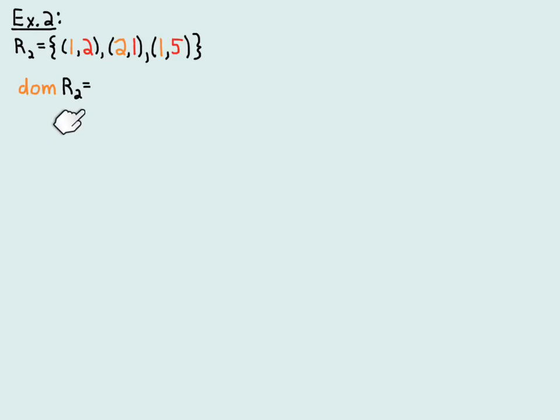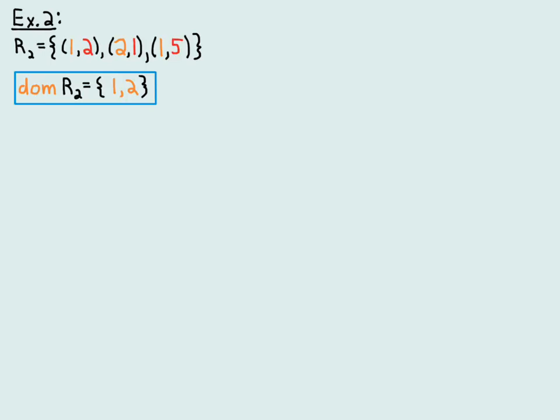So the domain is going to be the set of all the possible first coordinates, so 1 and 2. And when you're listing these, you don't list the same thing twice. So it's just 1 and 2. It's a set. 1, 2. Now that's an unordered pair. You could write 2, 1. It means the same thing.